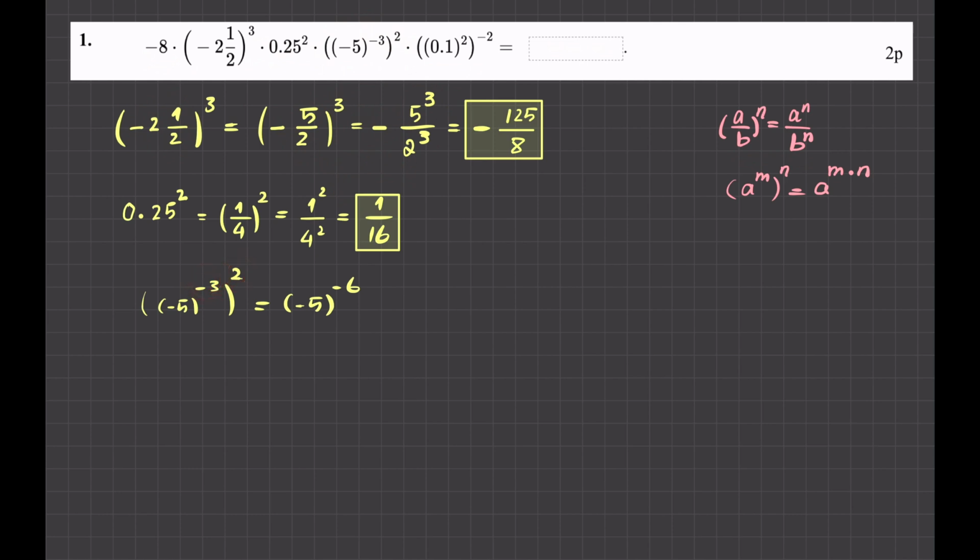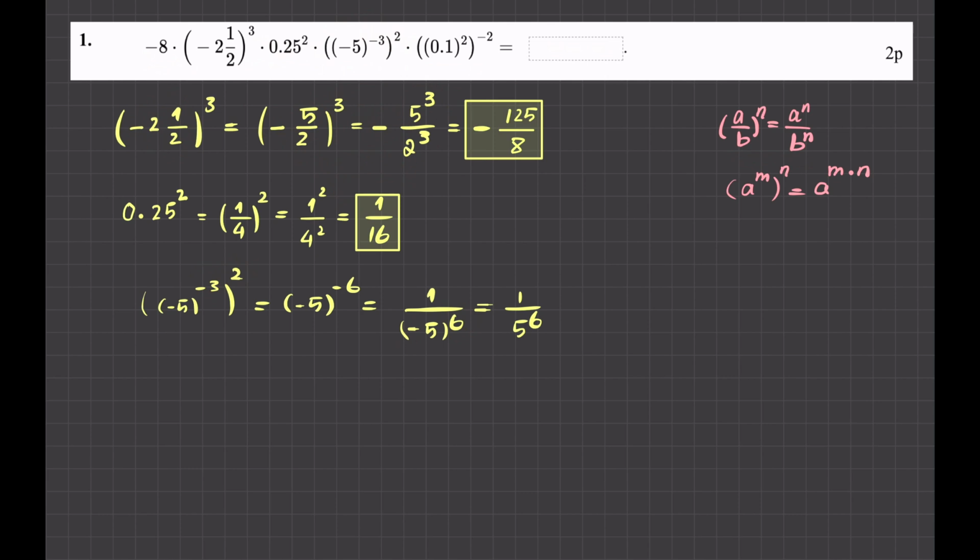So far, it is not that clear what I'm supposed to do, okay? Because on the other hand, -5 to the power of -6, of course I can write it with positive power. I can write 1 over -5 to the power of +6, and because 6 is even, I know that this minus sign will be cancelled, so I can write it as 5 to the power of 6.